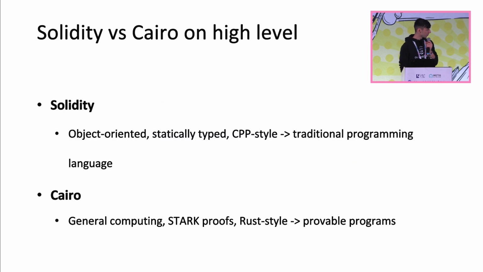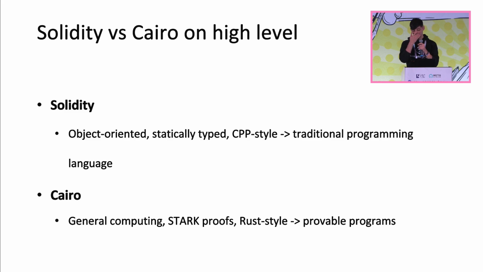So let's get started. What are the main differences between Solidity and Cairo on the high level? Solidity is an object-oriented, statically typed, C++ style language. So it's very close to a traditional programming language, but really focused towards smart contracts.